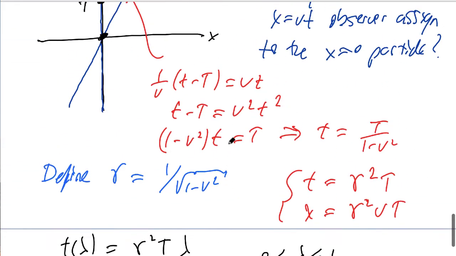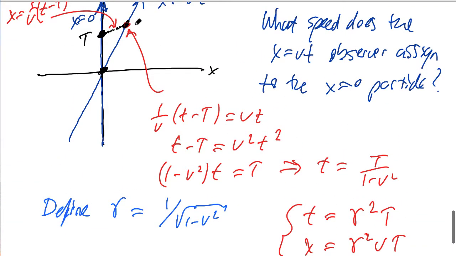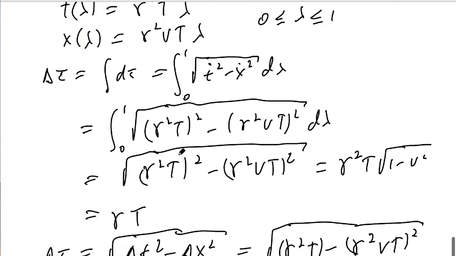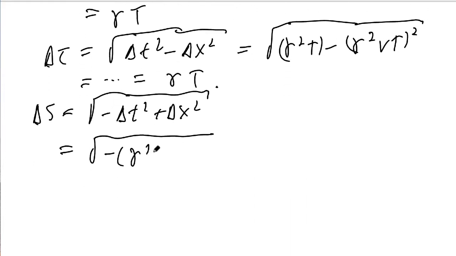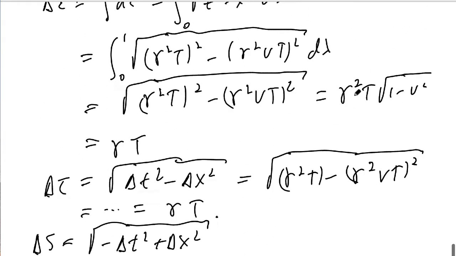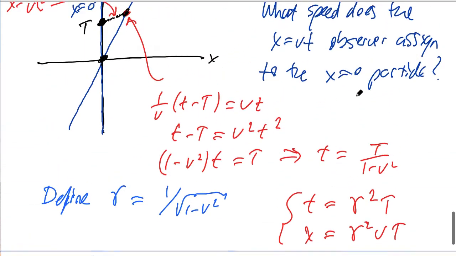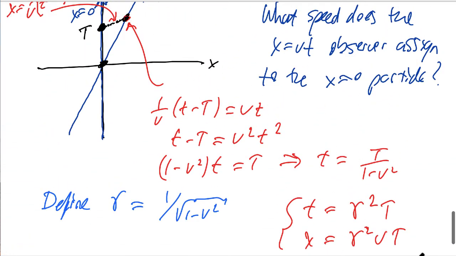Well, the t coordinate of this event is gamma squared times capital T, and the t coordinate of this event is just capital T. So that's gamma squared T minus T quantity squared, plus delta x. The x coordinate of this event is gamma squared V times capital T. The x coordinate of this event is 0.